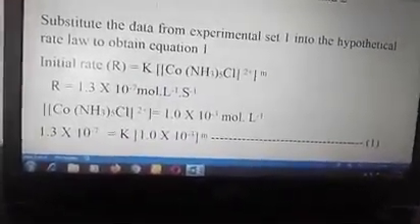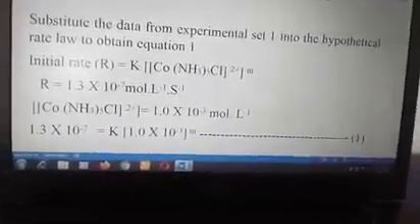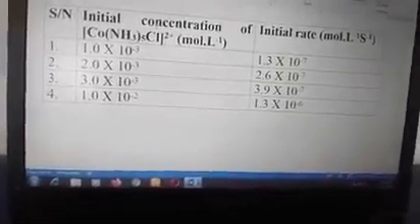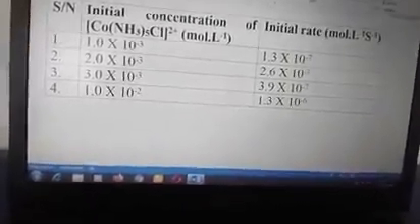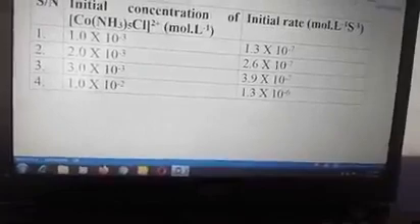So from experiment set 1, you can go to the table and look at set 1. You can see in experimental set 1, the concentration of the cobalt complex is 1.0 × 10^-3, while the rate of reaction is 1.3 × 10^-7. So go back to the solution.